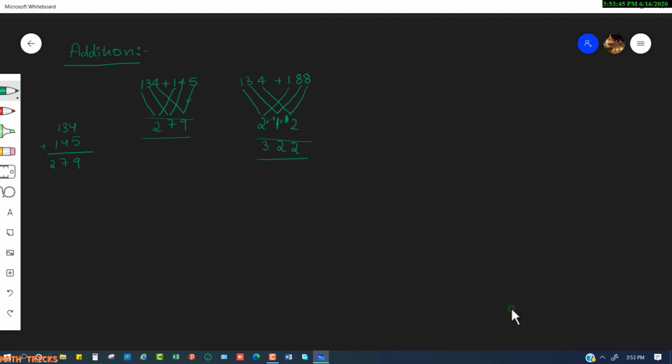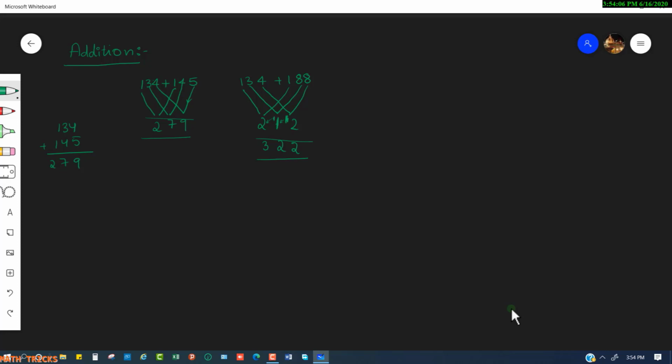It hardly takes around half a minute or less, so you can keep track of time and most of the time is saved in your calculations.